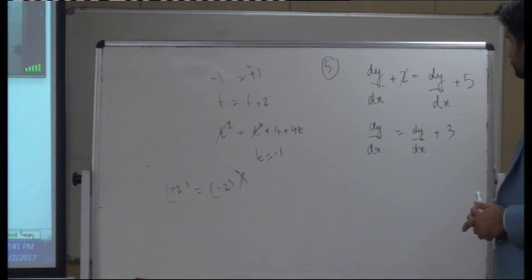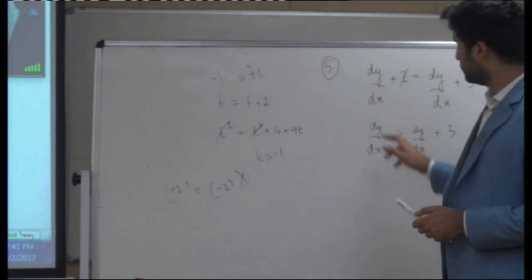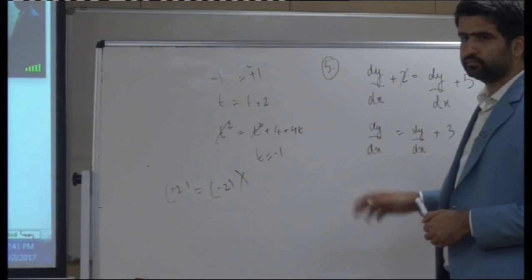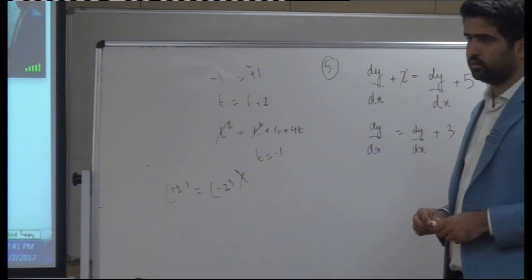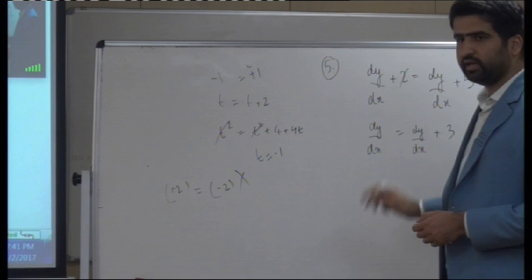Okay. Is this possible in any case? What should be the value of dy by dx in this case? Can it be 0? Can it be infinite? Think. It can be infinite, right? When can the value of dy by dx be infinite?